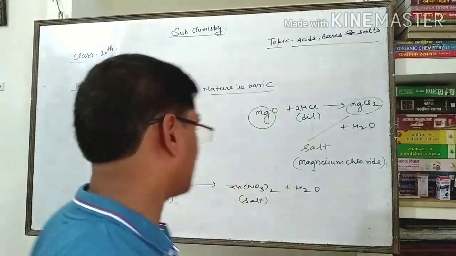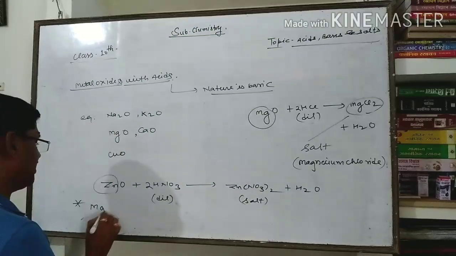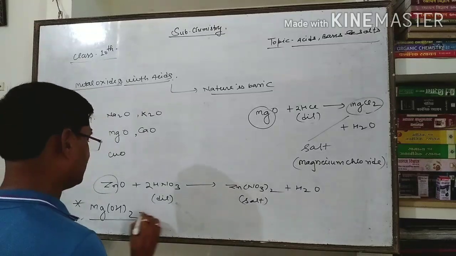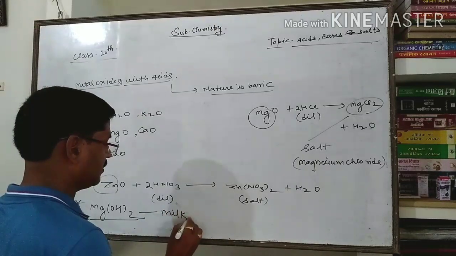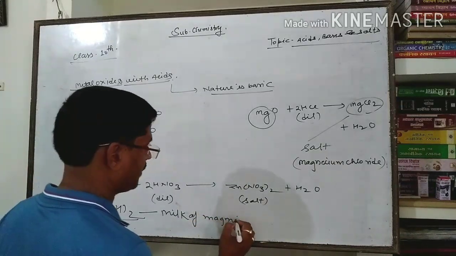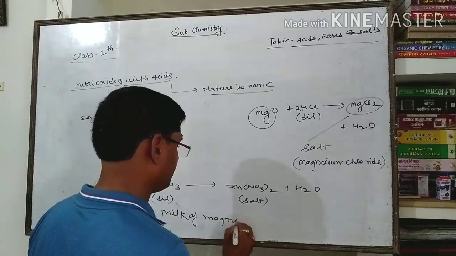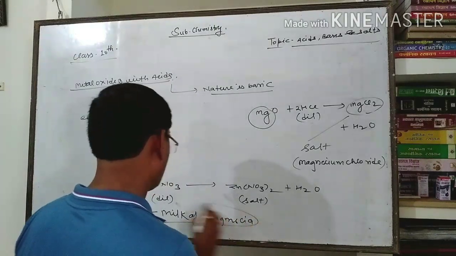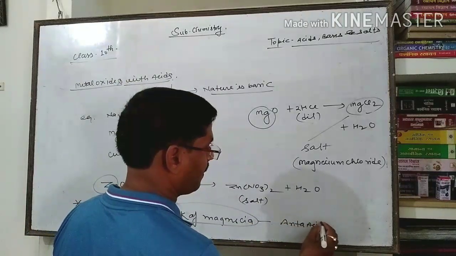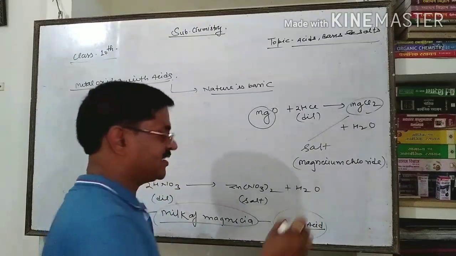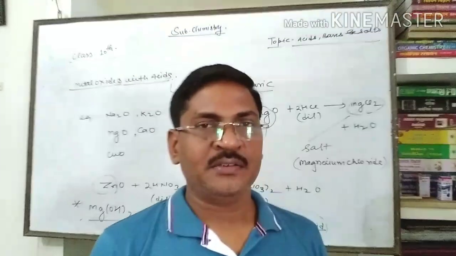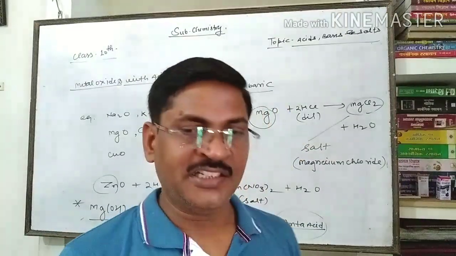That one is magnesium hydroxide, Mg(OH)2, which is also known as milk of magnesia. And it is known as an antacid. Its nature is opposite to acid, that's why it is known as an antacid and used in the problem of acidity.